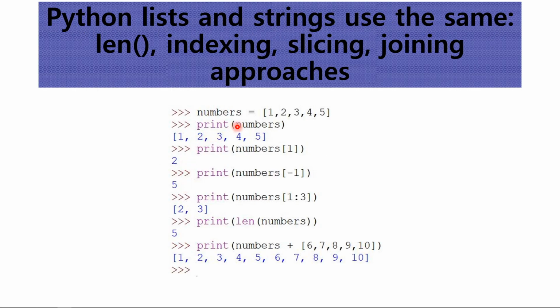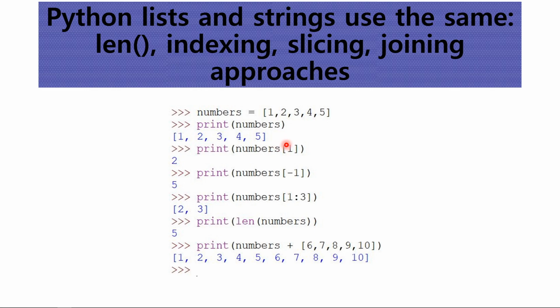Now, as with strings, we can use the length method, indexing, and slicing. All these methods can be used in the same way we use them for strings. For example, let's say I have this list, and if I print it, I get it as it is. If I want to grab something at index 1, remember index 1 is here because we count from 0, 0, 1.